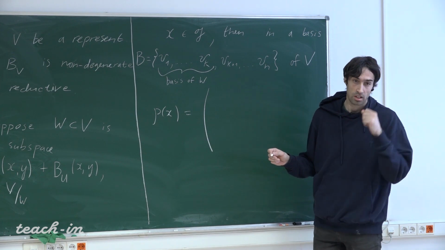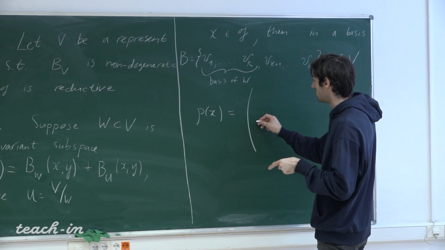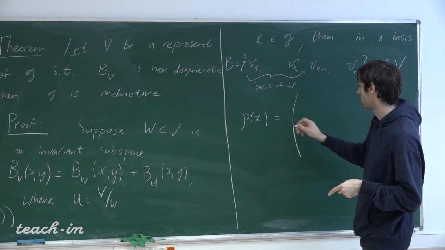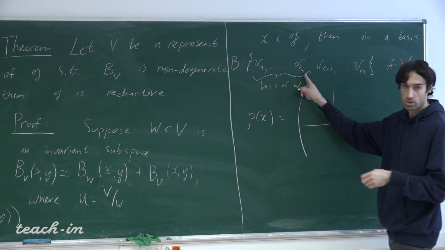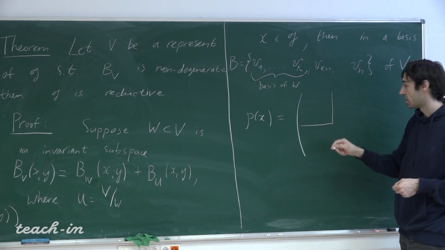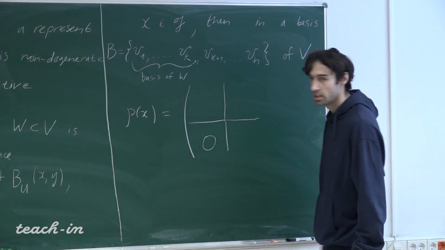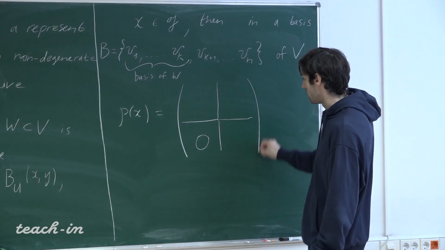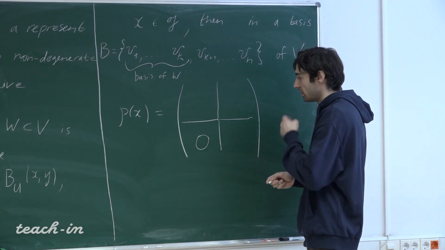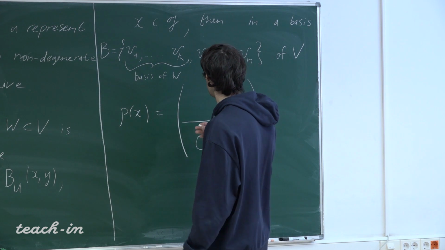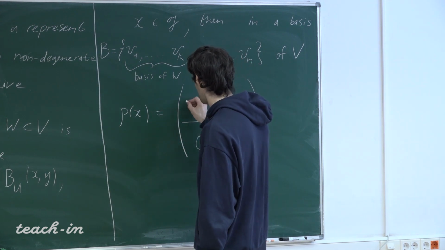Since W is invariant, we will have a block here that corresponds to these first vectors, and then you will have 0 here and something in these other blocks.